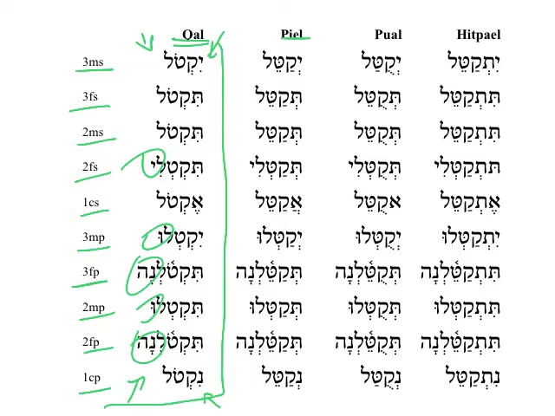Now, what you'll notice then, by looking at the Piel in contrast to the Kal, all the way down the line, we have the shva under the prefix pronoun, signifying to us that this is a Piel. So we're familiar with the prefixes already because we've memorized them with the Kal. And then once we see the slight difference of the shva under the prefix pronoun, that clues us in that we're talking about a Piel.